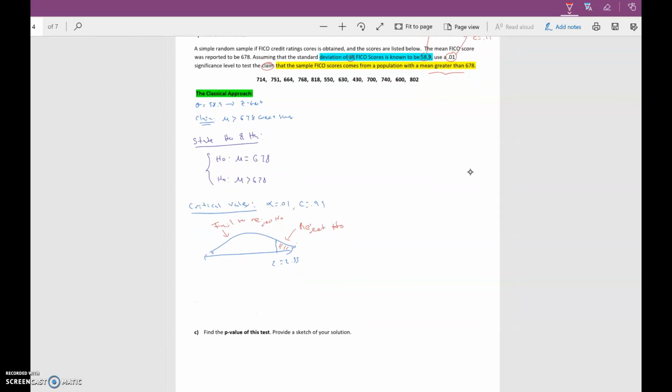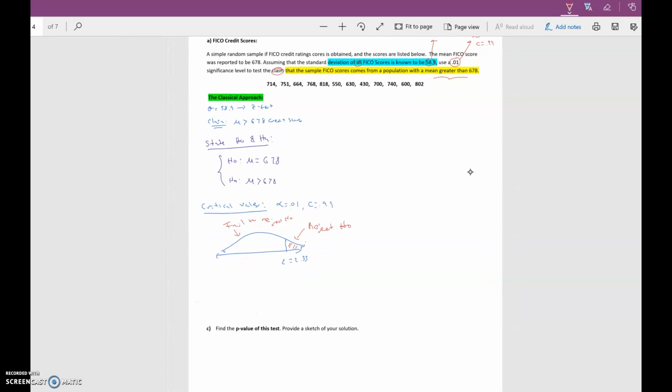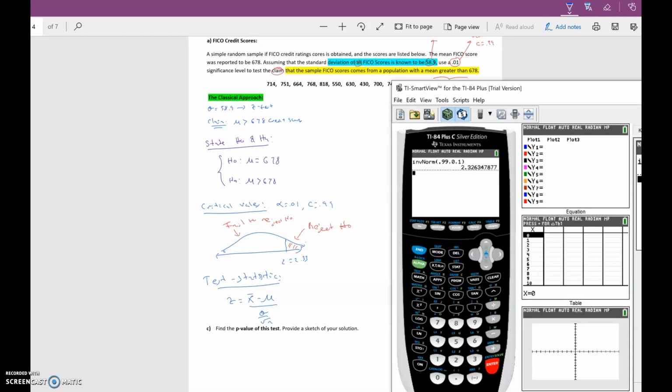It's going to be a z-score that technically has the following values: x bar minus mu, divided by sigma over the square root of n. Now, we don't have the actual mean of the sample.